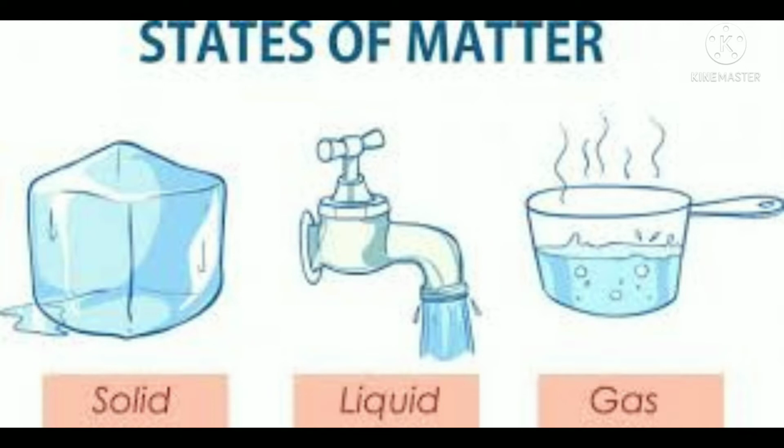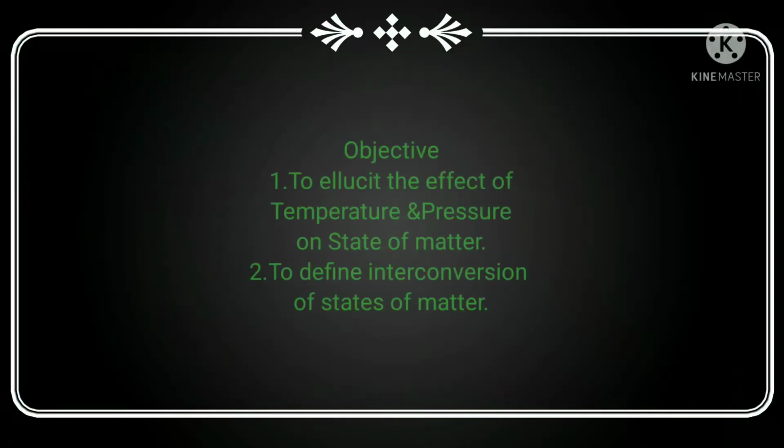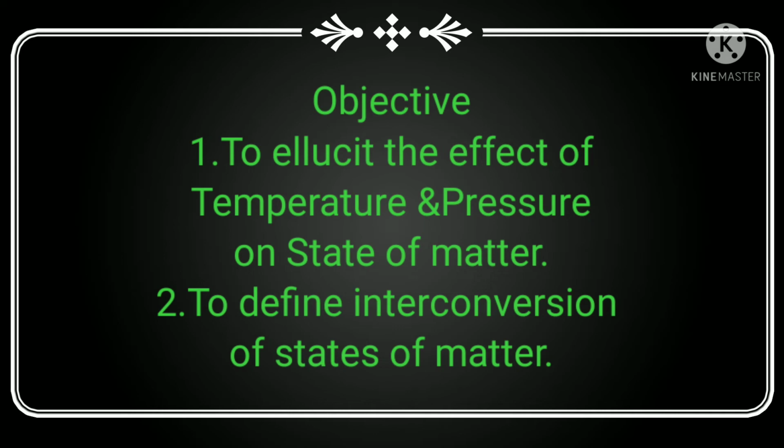So today we are going to learn in detail what are the three states of matter and how to differentiate between these three, and what is the effect of the temperature and the pressure. So the objective for the class is the effect of temperature to define interconversion of states of matter.